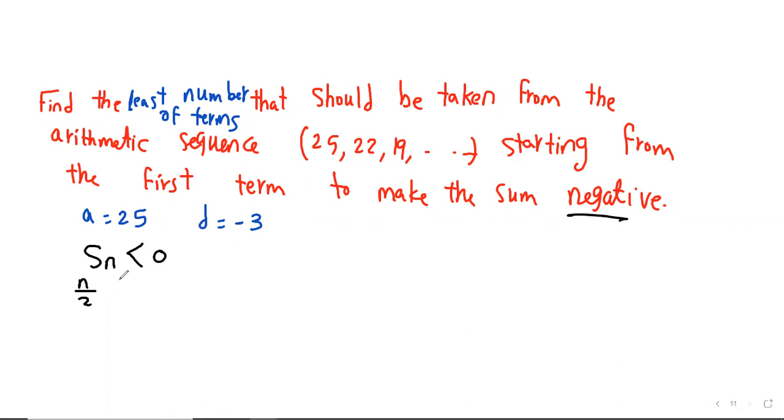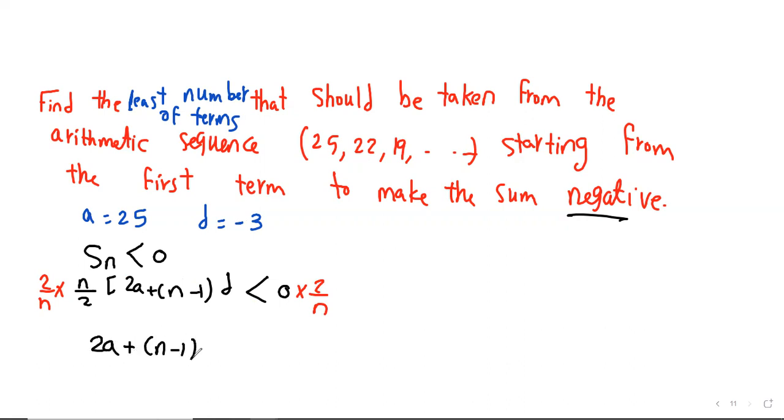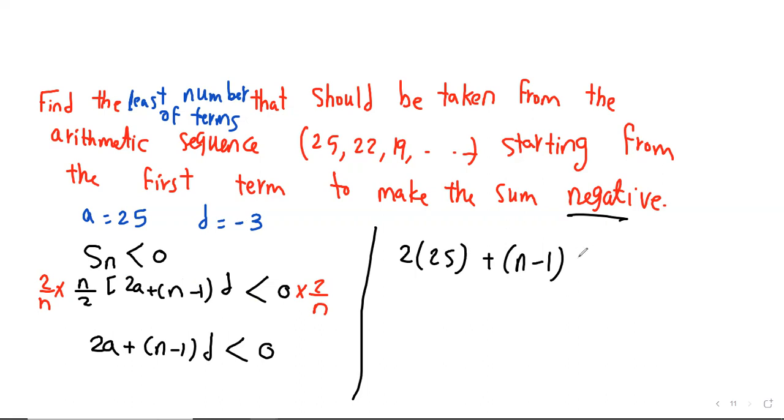So n over 2 multiplied by (2a plus (n minus 1) multiplied by d) is less than 0. We can multiply both sides by 2 over n and cancel them out, so 2a plus (n minus 1) multiplied by d is less than 0. So 2 multiplied by 25 plus (n minus 1) multiplied by negative 3 is less than 0.